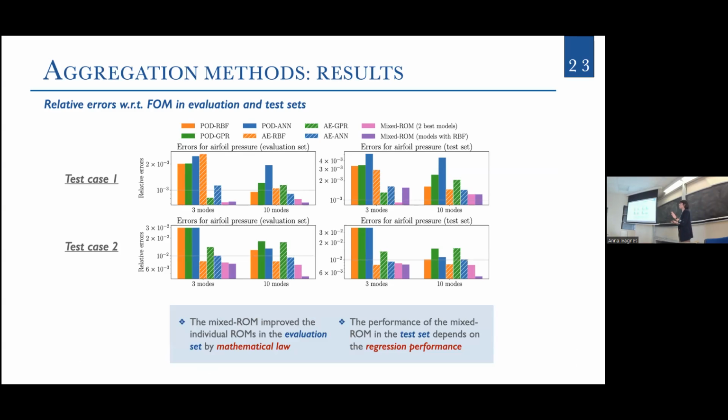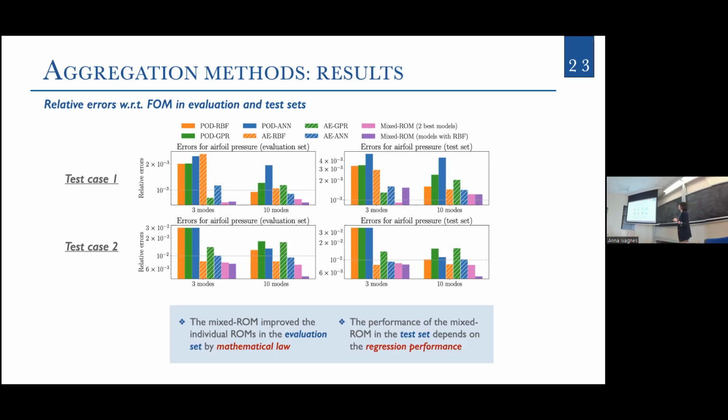We here just show the result for one field, that was the airfoil pressure, but for all the fields the results were more or less similar. So you see here these solid columns again are the POD-based approaches, and these dashed ones are the autoencoder-based approaches. Whereas these pink and purple columns correspond to the result of the aggregation.